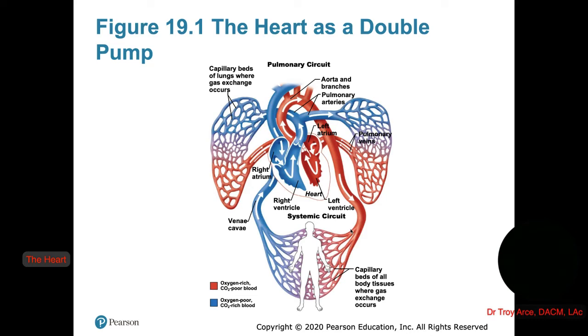This is where the gas exchange occurs, where oxygen-poor blood passing the capillaries moves its way back up through the venous system, all the way up to the right atrium, and follows the pulmonary circuit into the lungs, where the lungs oxygenate that blood and bring it back to the heart to start all over again. So use this to revise both the pulmonary circuit and the systemic circuit.